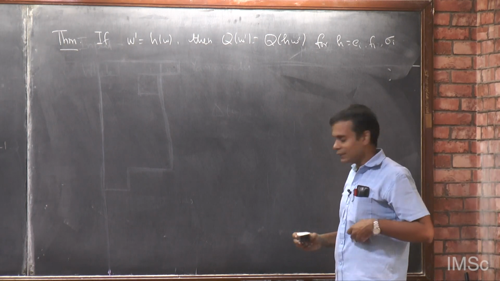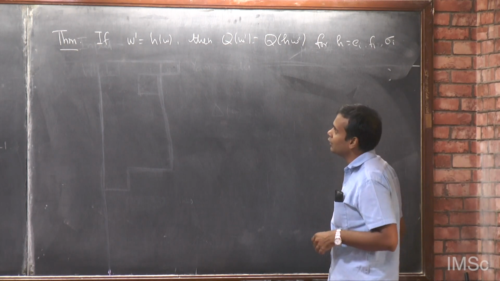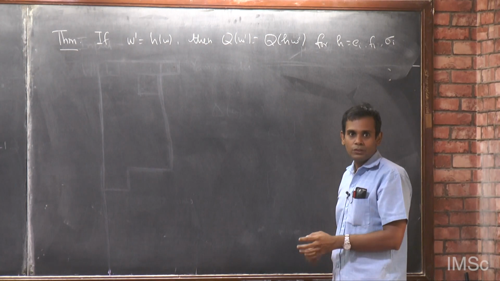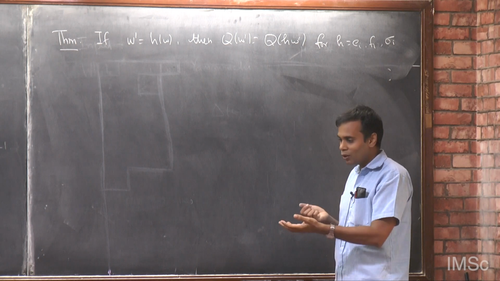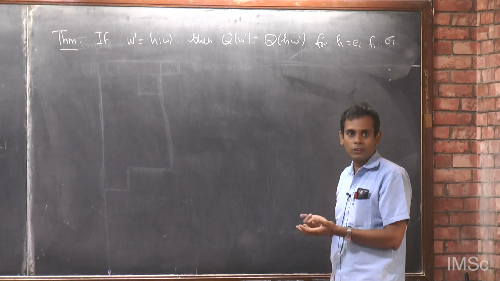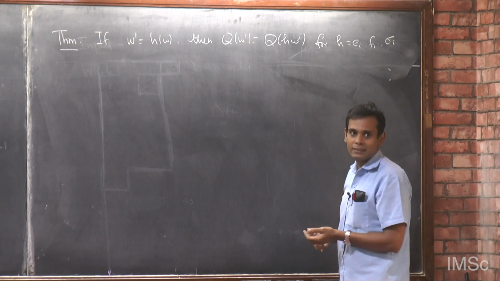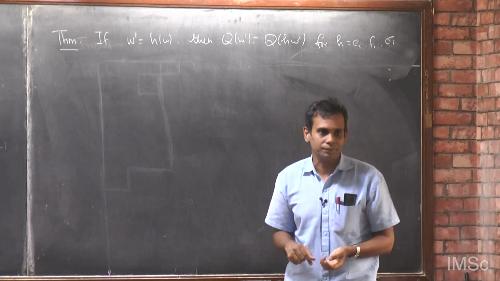So what we are saying is that these crystal operations do not change the Q. In other words, we said that all the words with the same Q form what is called a coplactic class. So these let you stay inside the same coplactic class.